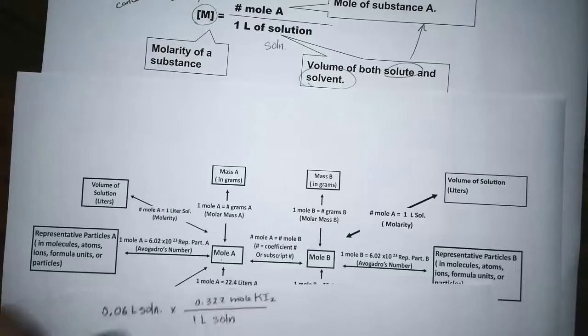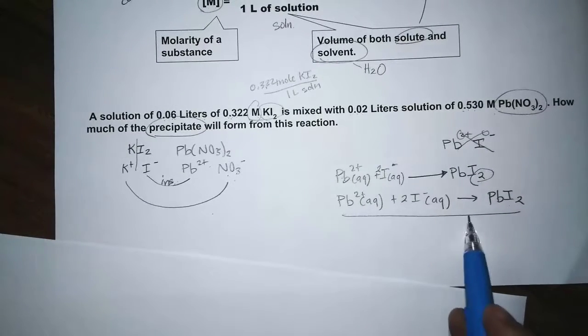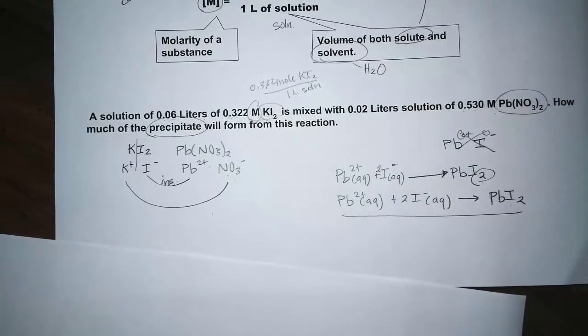And that would give us moles. And once we get moles, we can convert to moles of B using the chemical equation, and convert to mass using the molar mass. So let's finish the problem.